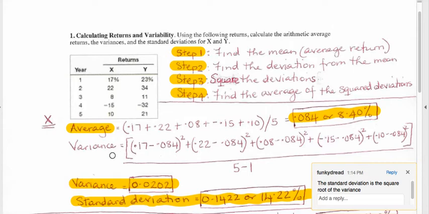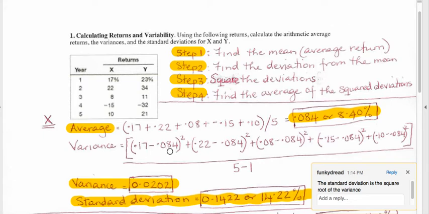Then to find the variance, I wrote it down horizontally just to save space. These are my returns here. So step 2, find the deviation from the mean. So it's the return minus the mean or the average, which you calculated in step 1, plus the return minus the average. And remember, we have to square that. Step 3 says square the deviations.